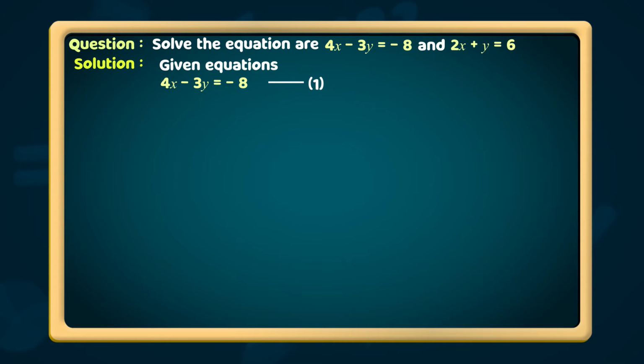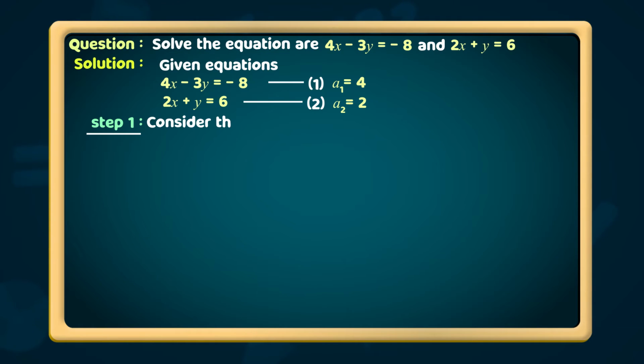Compare with a1x plus b1y equal to c1. a1 is going to be 4 and 2x plus y equal to 6. Let it be equation 2. Compare with a2x plus b2y equal to c2. a2 equal to 2.